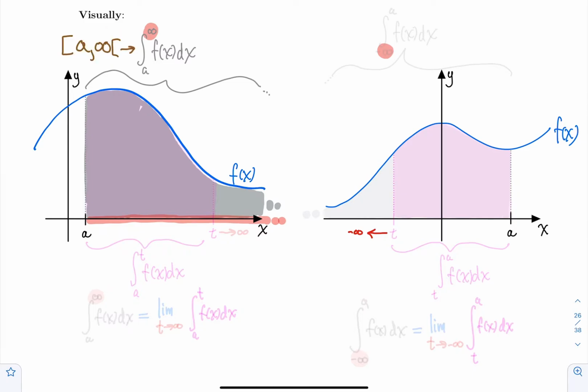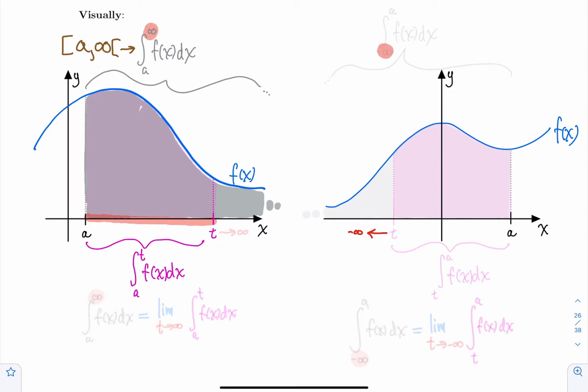What you do is you pick a value, let's call it t, that is very, very large, far, far away from a, and you first compute the definite integral from a to t. So here we go from a, boom, and we stop at some value t, and we want to compute the definite integral from a to t of f of x dx.